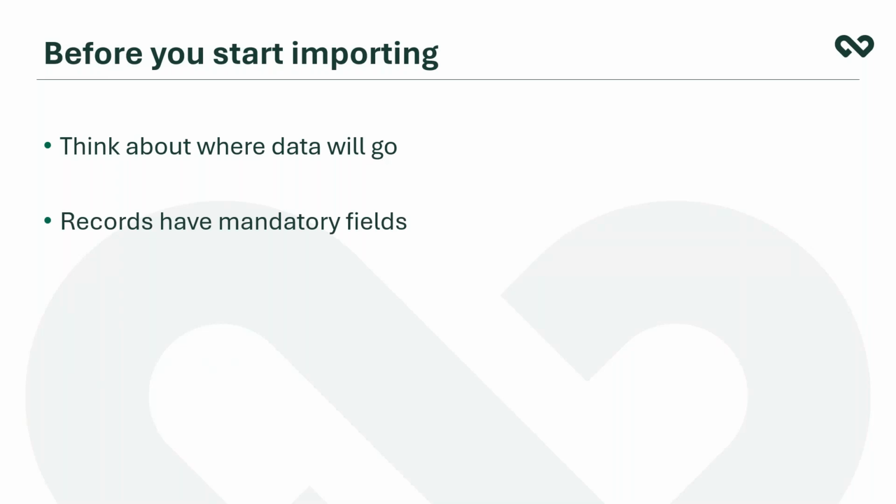Then once you know where you're wanting to see that data, remember that on records, there can be mandatory fields. If you're going to be creating new records, do you have the information in your file that could be mapped to the mandatory fields?